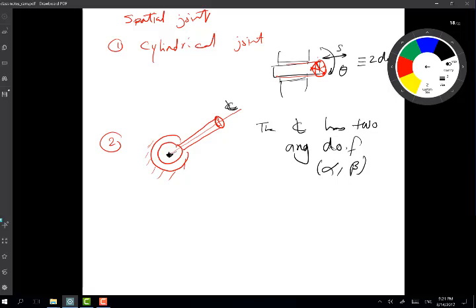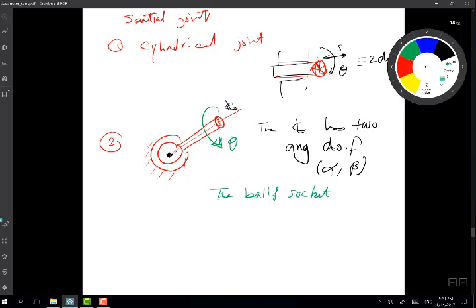But this joint has 3 degrees of freedom. Why? Because the joint can also rotate about the center line with an angle theta. So the ball and socket joint has 3 degrees of freedom, being alpha and beta of the center line, and the rotation about its axis.